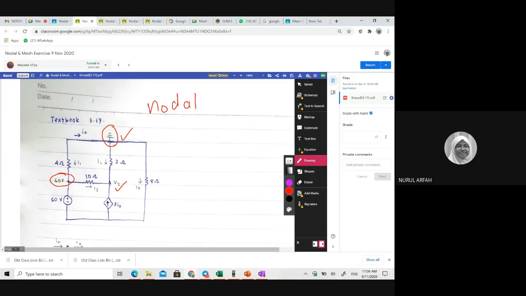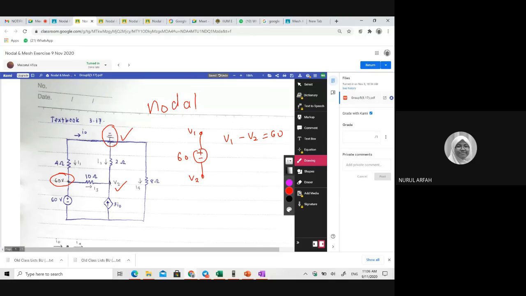No. Why not? Because the reference point is up here. If you put it like this, then this is your 60 volt. And then this is an unknown node, like maybe V1, and this is V2. Then V1 minus V2 is equal to 60.